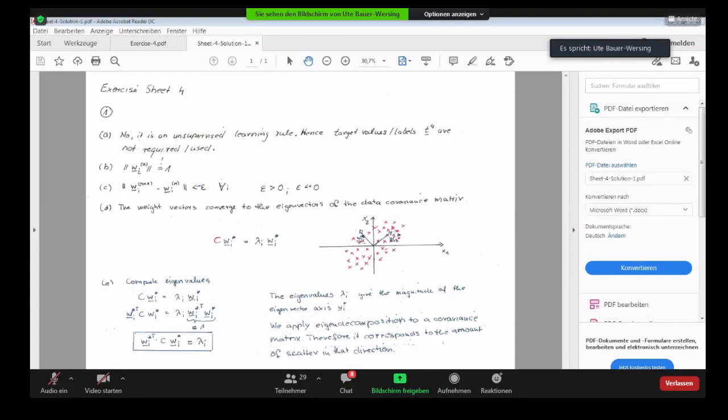Then we saw, oh wow, there are a couple of higher order terms, including the learning rate squared. Since we assume small learning rates, these terms are not going to matter as much, right? So we neglect them. And that's the point where we ended up with Oja's learning rule.